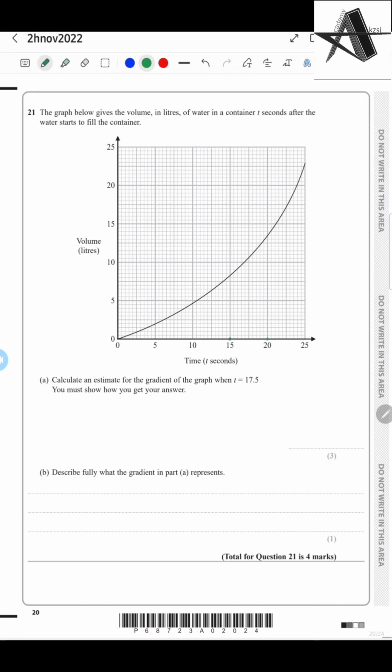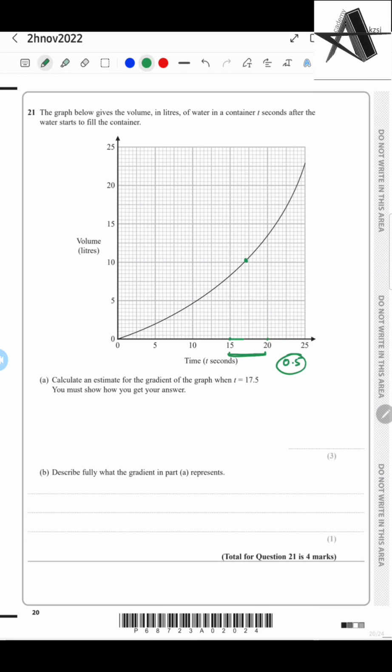Each square represents 1 unit. The gap is 5, so each square will represent 0.5. So this is going to be 16, this is 17, and 17.5 would be here.